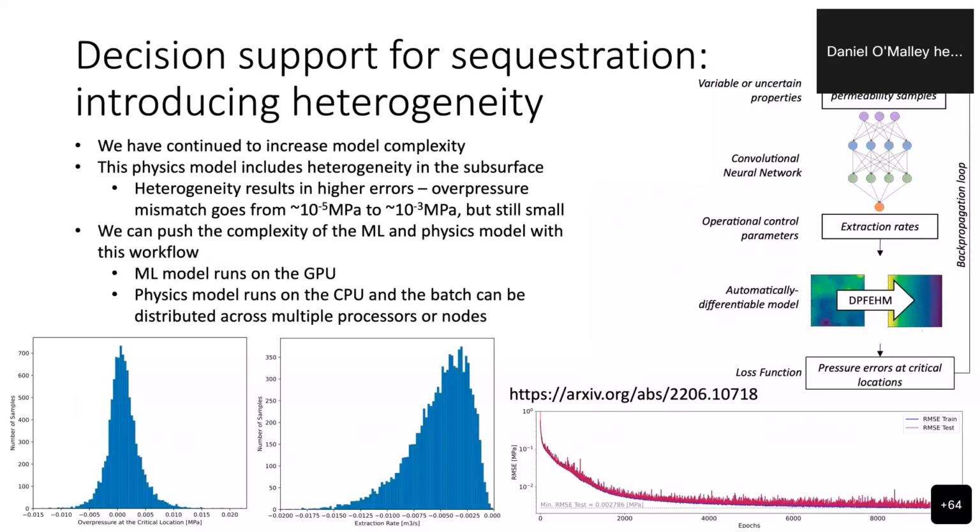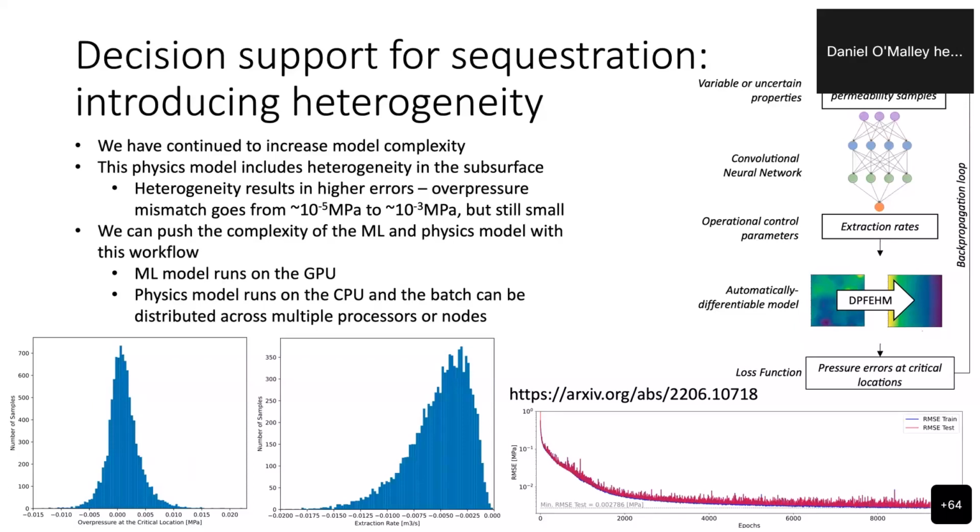So this slide is about putting in a more complex model. Now it's not an analytical model, it is a numerical model. And instead of having a homogeneous porous medium to deal with, now we have heterogeneity. We can basically do the same workflow, but now with this more complex model in there, and it still basically works.